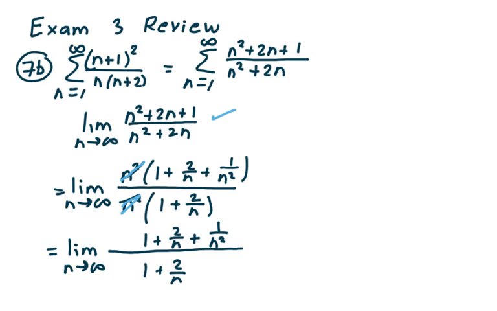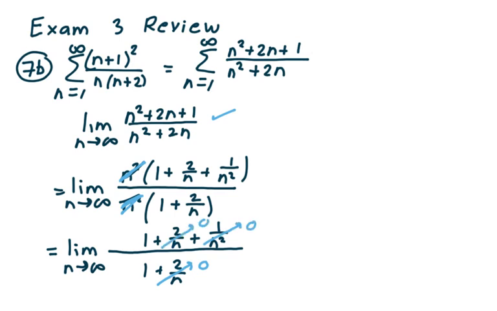Now, the n squareds cancel, and what we're left with is the limit as n goes to infinity of (1 plus 2 over n plus 1 over n squared) divided by (1 plus 2 over n). But as n goes to infinity, 2 over n goes to 0, 1 over n squared goes to 0.